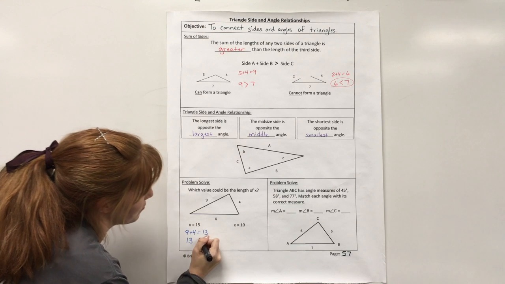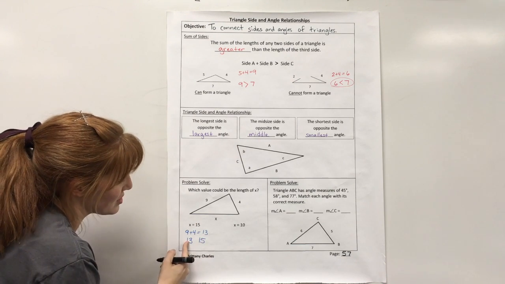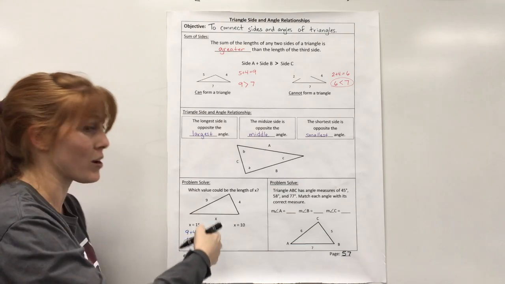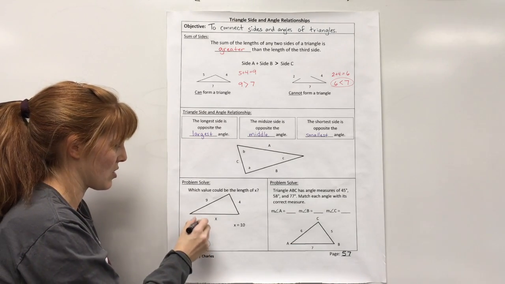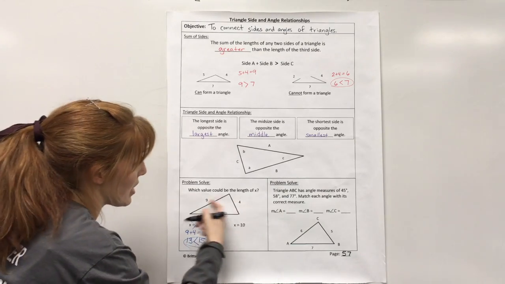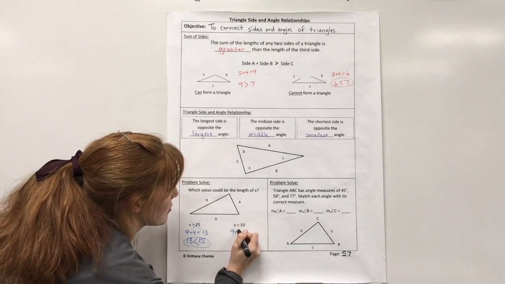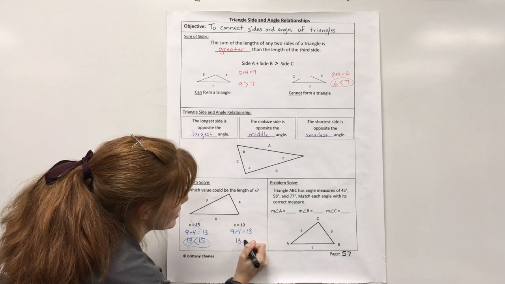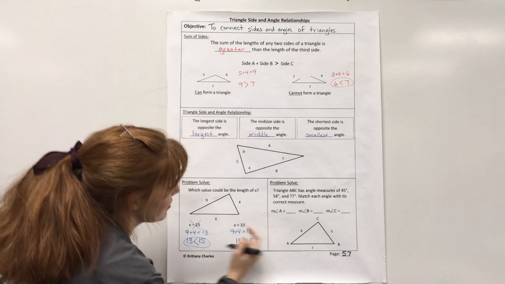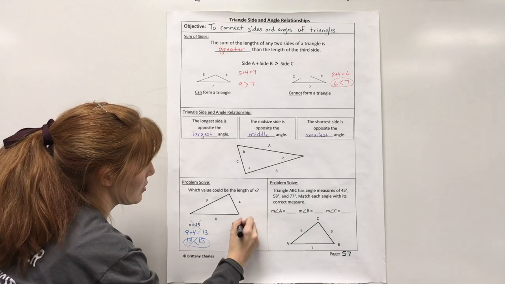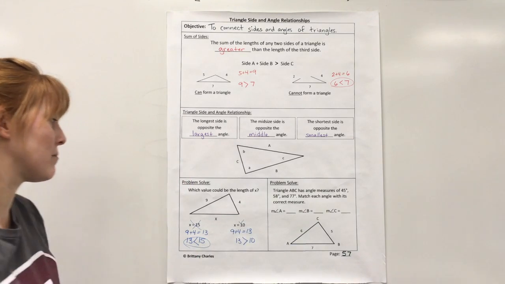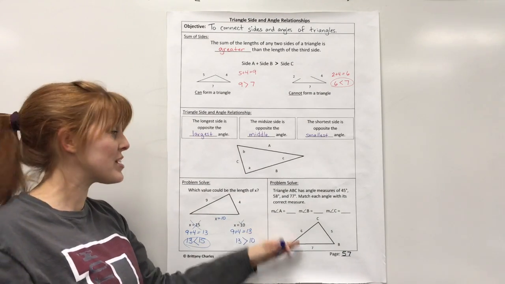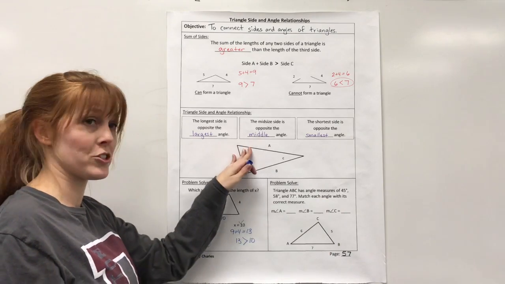If the other side was 15, 13 is less than 15, and remember, it has to be more. So that's not going to work. Let's try this one. Again, we have 9 and 4, which makes 13. 13 is greater than 10, so that does work. So x equals 10.